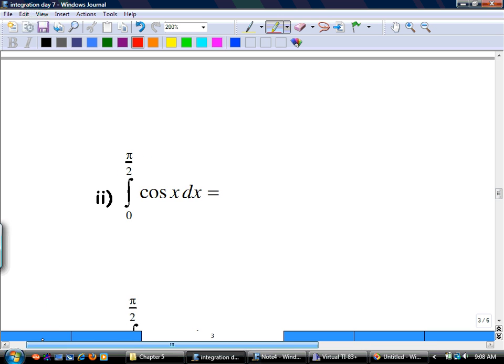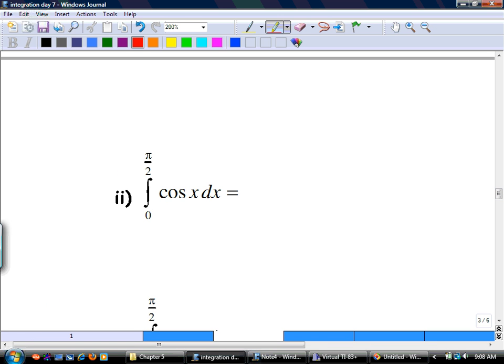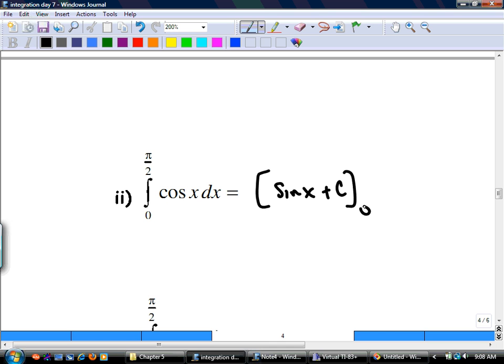Okay. The integral from 0 to pi over 2 of cos x dx. Well, what's the antiderivative of cos? Sine x plus c, from 0 to pi over 2: sine of pi over 2 plus c minus sine of 0 plus c.